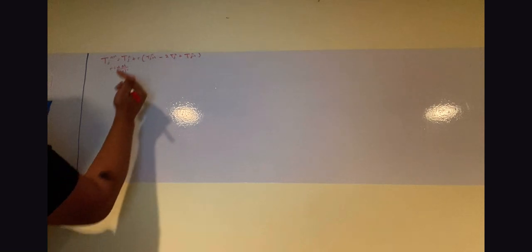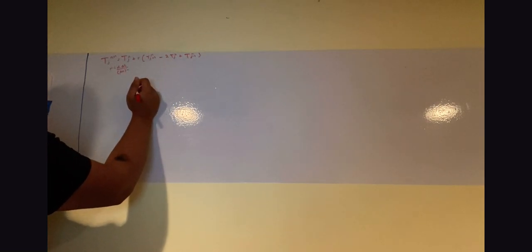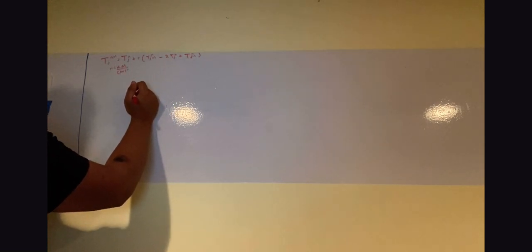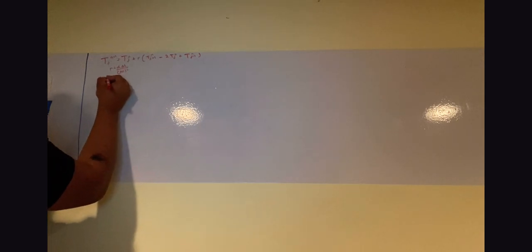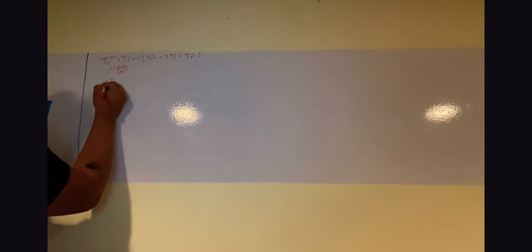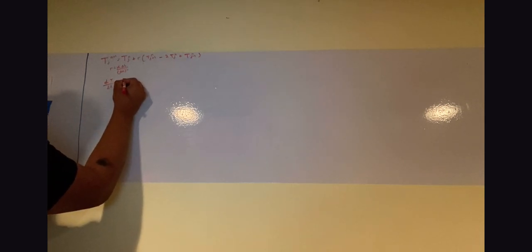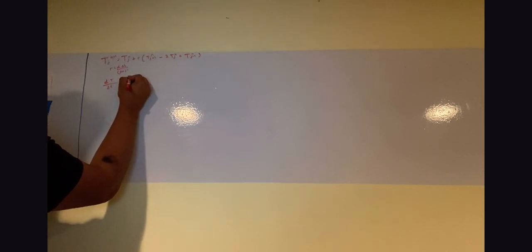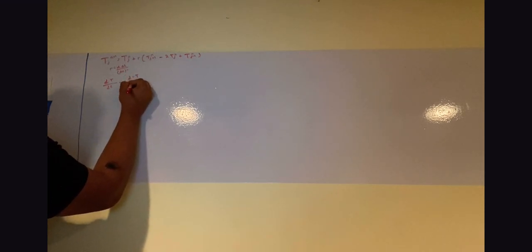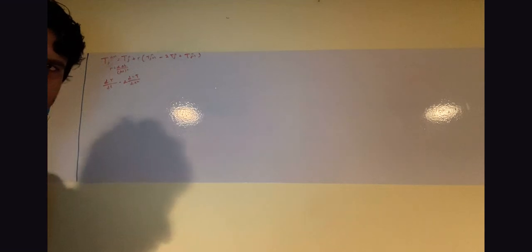squared, right? So the general solution for the heat diffusion equation is dT/dt is equal to alpha d squared T/dx squared.